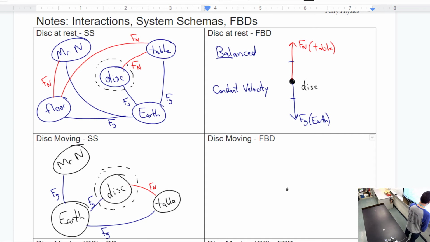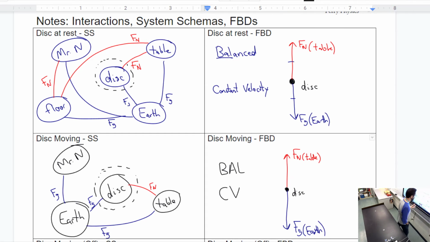Turns out it's going to be the exact same picture as our last one. So this one is balanced and constant velocity, and it's moving along the table without any other forces acting on it. Okay?